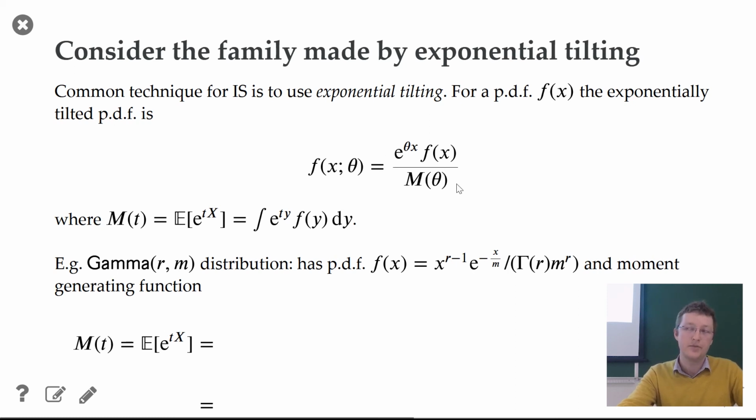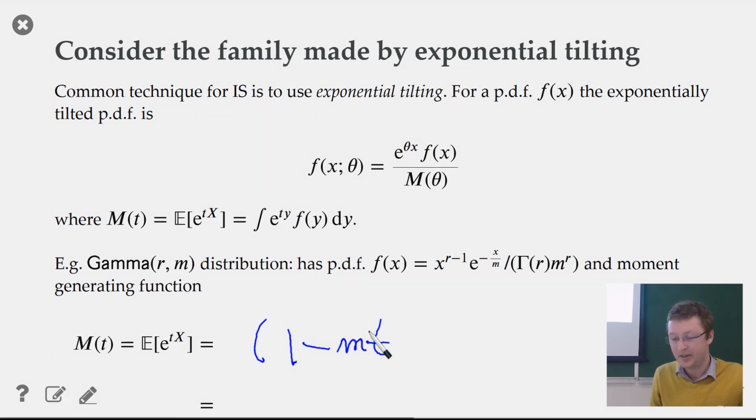And then for this thing to become a distribution, you need to divide through by the normalizing constant, which happens to be the moment generating function evaluated at theta. For the gamma distribution with this specific parameterization, the moment generating function, I couldn't be bothered going through the math, but you can figure out that it's 1 minus mt to the power of minus r.